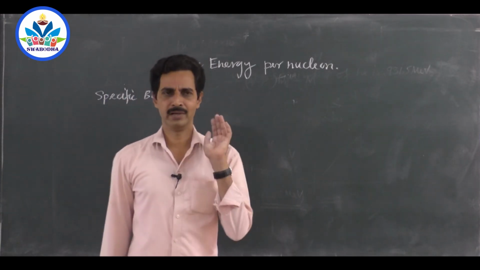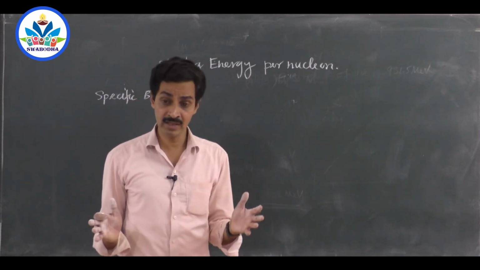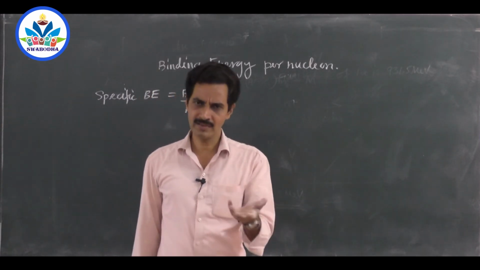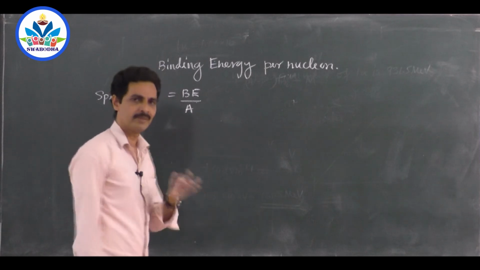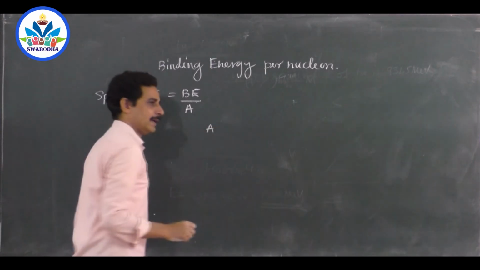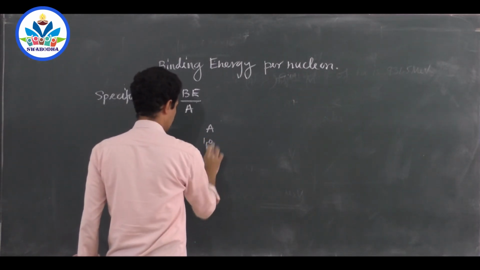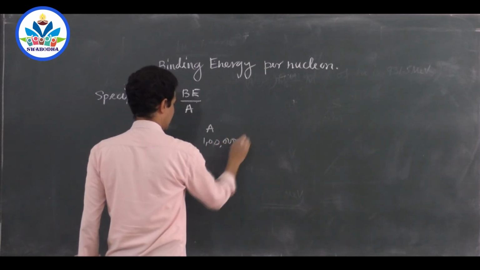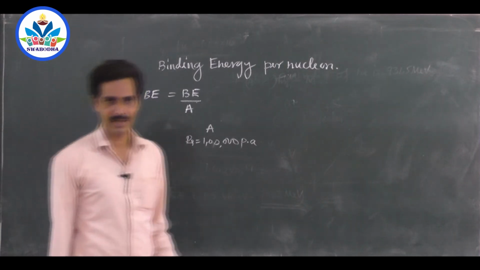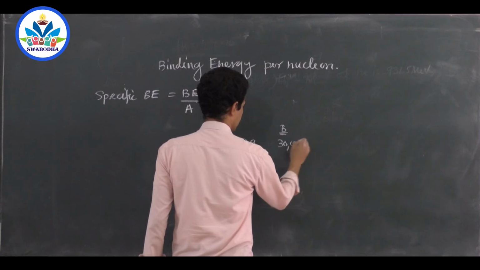It is very simple. If you are confused, asking why a nucleus with more binding energy should not be stronger, and one with less binding energy should be unstable, no. I will give a good example. Suppose the income of person A is 1 lakh rupees per annum, and the income of person B is 30,000 rupees per annum.